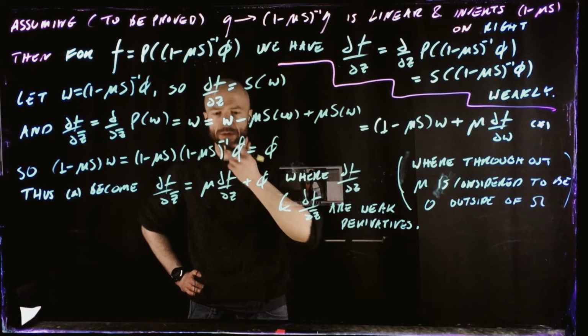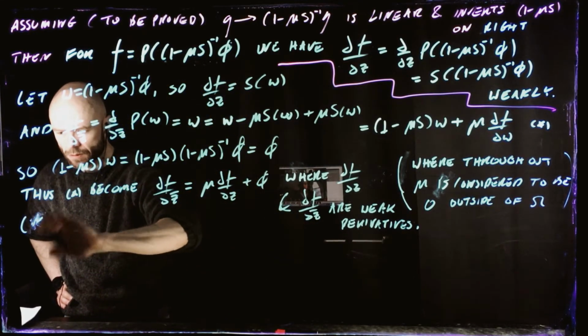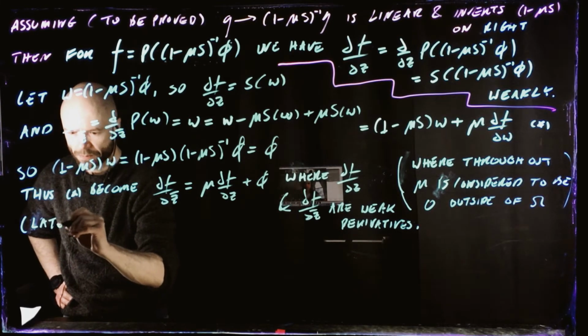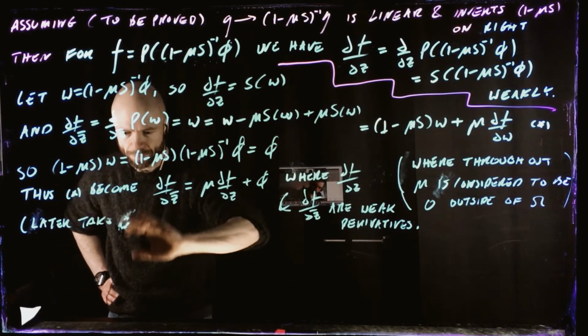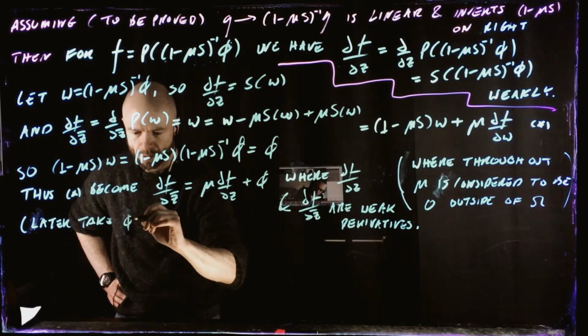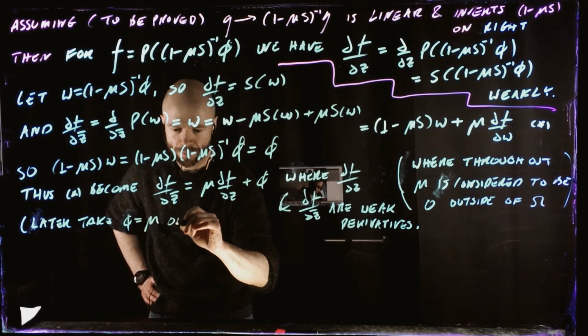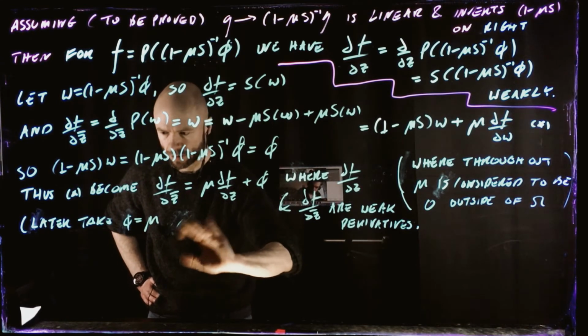So later we're going to take phi to be just equal to mu on omega, or just mu, considering mu to be extended.